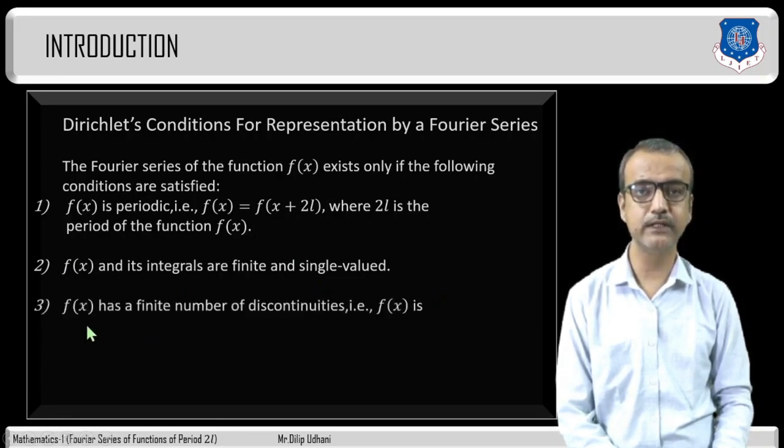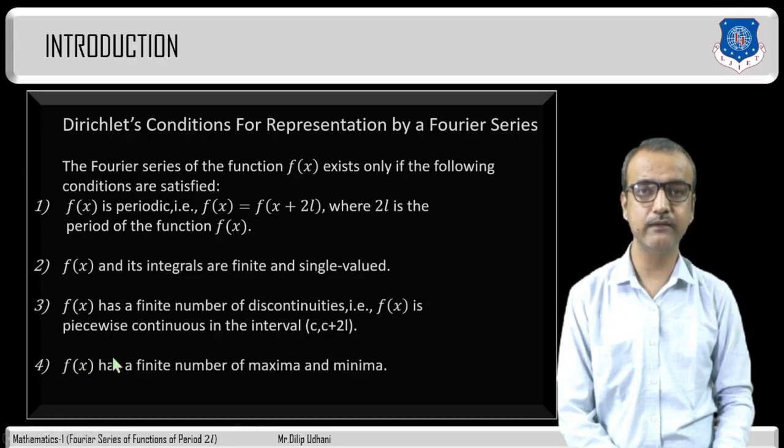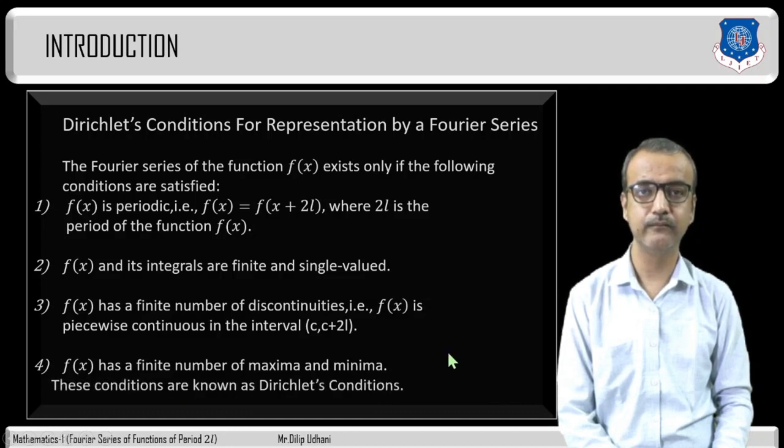The third condition is f(x) has a finite number of discontinuities, that is, f(x) is piecewise continuous in the interval c to c plus 2L. Condition number 4 is f(x) has a finite number of maxima and minima. These conditions are known as Dirichlet's conditions.